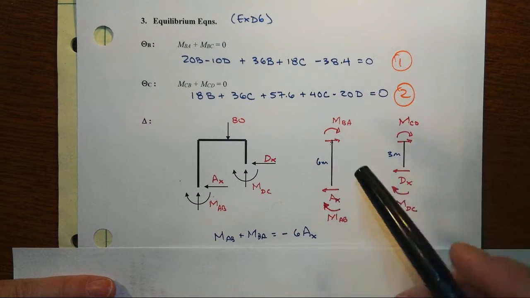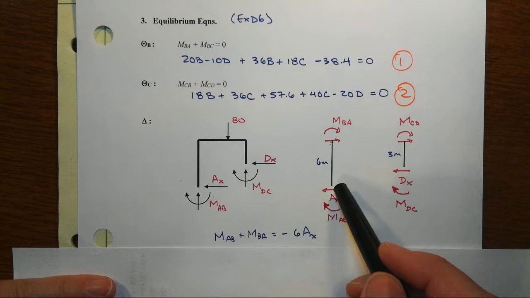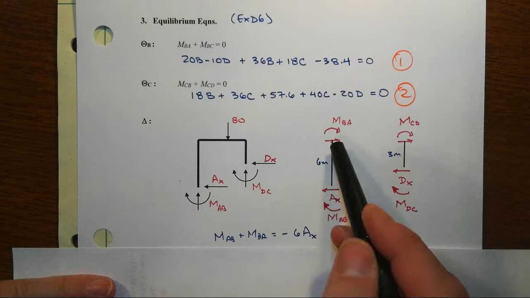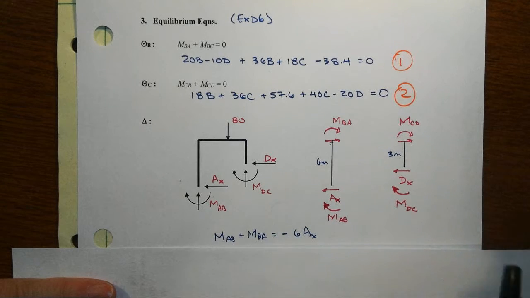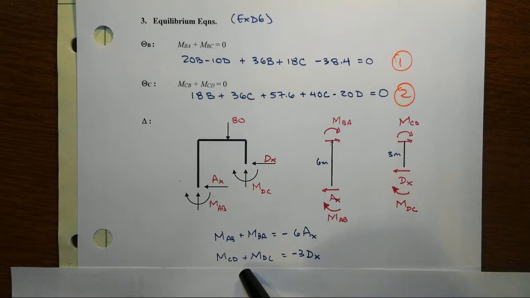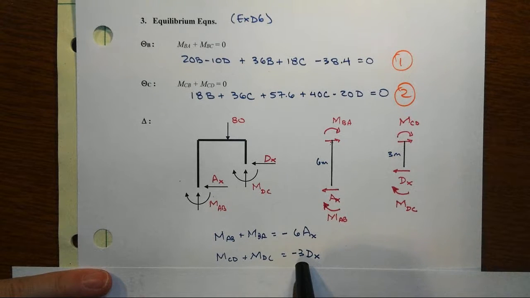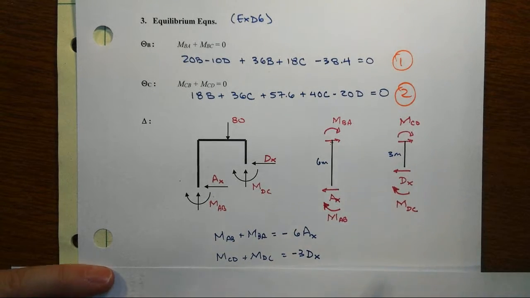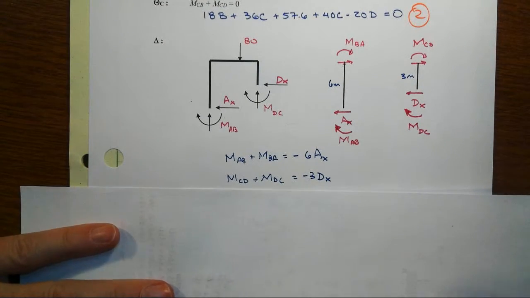Sum moments about the top, and we get the sum of these two moments has to be opposite of the couple that comes from the end shears, or AX times 6, and so there's your opposite sign there. Likewise for the right column, of course the moment arm is half of what we had before. Okay.